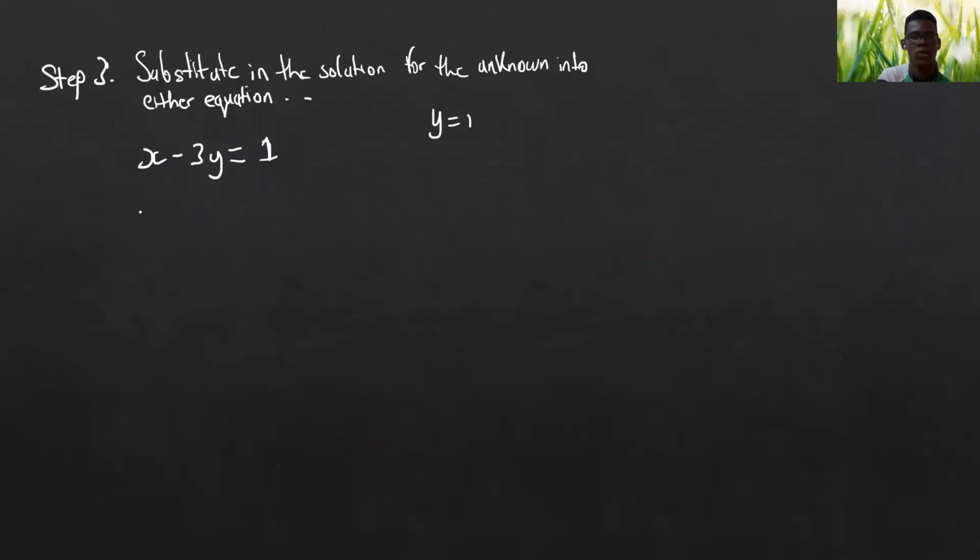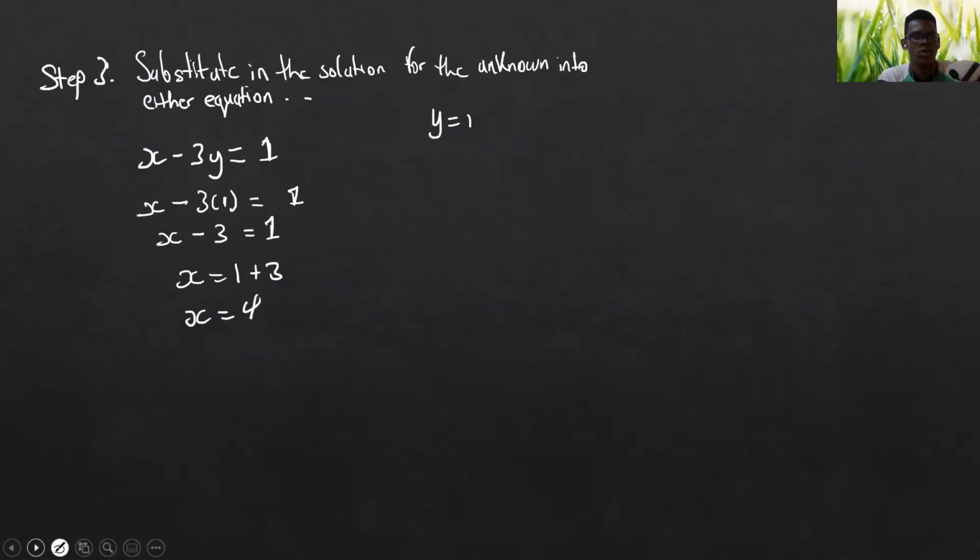So I substitute in y as 1. In this case, x minus 3 times 1 is equal to 1. Now 3 times 1 is 3, so we end up with x minus 3 is equal to 1. Again, we want to solve for x, which means you want to make x the subject. So we end up with 1 plus 3. The 3 goes across, so we end up with x is equal to 4.